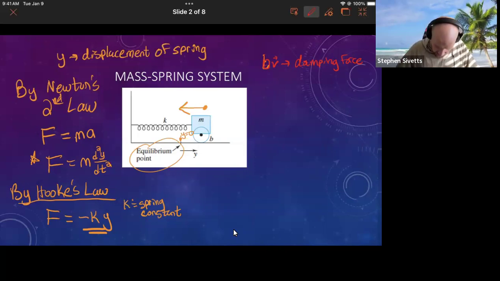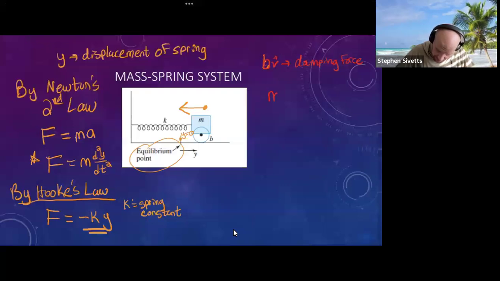So altogether, you'll have this equation. By Newton's second law, we have the mass times the acceleration, which is the second derivative of the position, and that is equal to minus k times y. You'll have a damping force, and we know the velocity is the rate of change of displacement with respect to time.